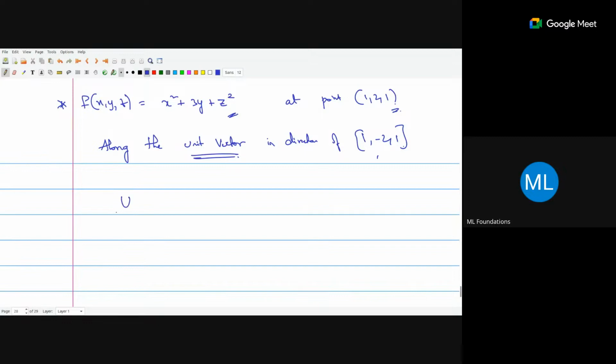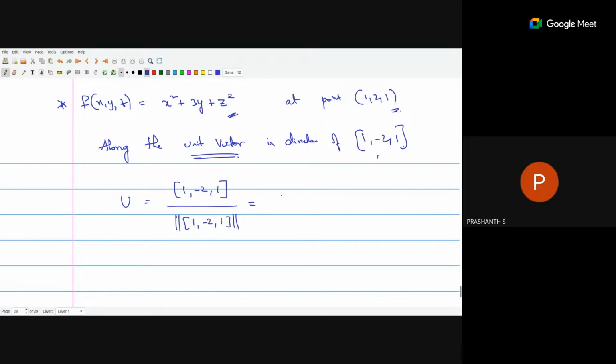So let me represent that as the unit vector, and this divided by the norm of this. Correct? Am I correct? How do you find a unit vector in some direction? Yes, sir. You just have to divide it by the length of that vector.